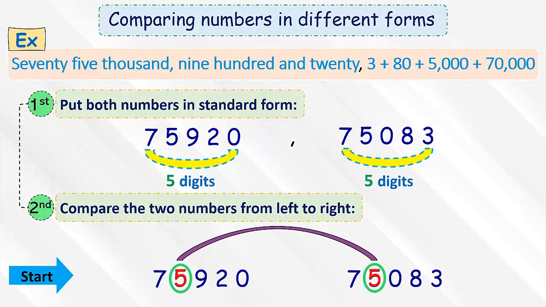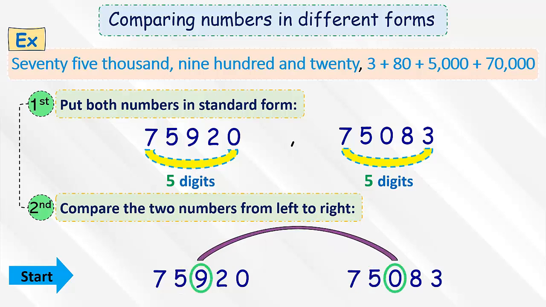When we compare the two digits, we find that they are equal. So we go to the digit before it, which is the hundreds, and we find that the number 9 is greater than the number 8. Therefore, the number 75,920 will be greater than the number 75,853. Thus, we know how to compare large numbers in their standard form or in different forms.